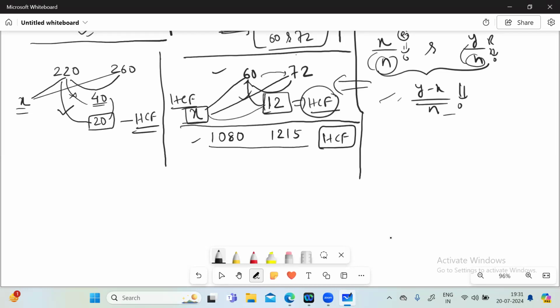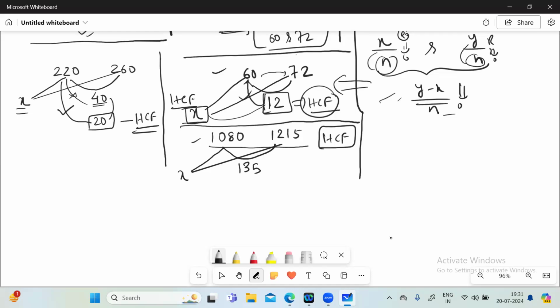So like I told you in the previous example, if any HCF X divides 1080, it also divides 1215. Then it will also divide the difference of these two numbers. What is the difference? Tell me. 135.